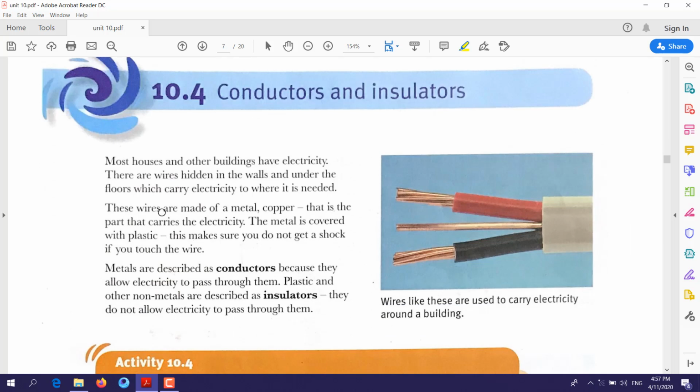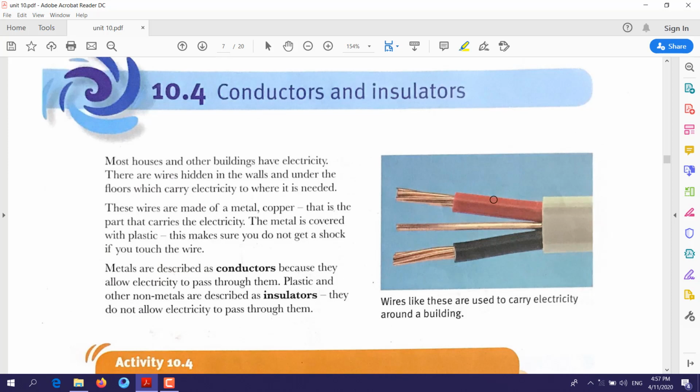10.4 Conductors and insulators. What do you mean by conductors and insulators? From the meaning of these words, conductor means it conducts. What do you mean by it conducts? It means it lets electricity pass through it.